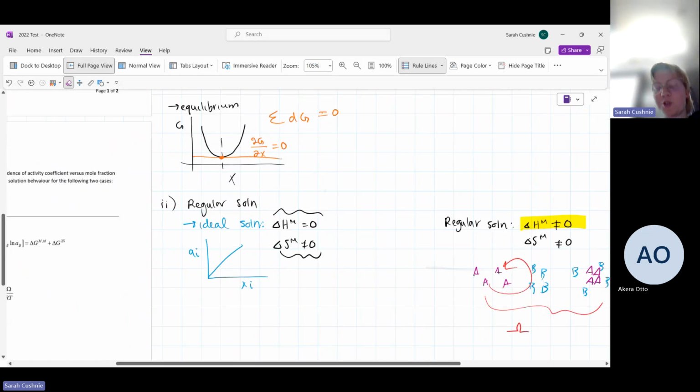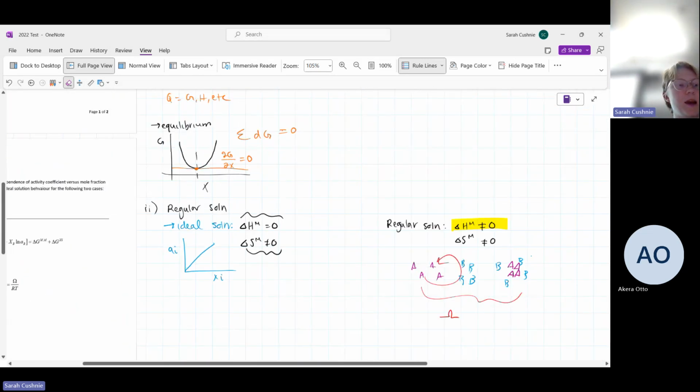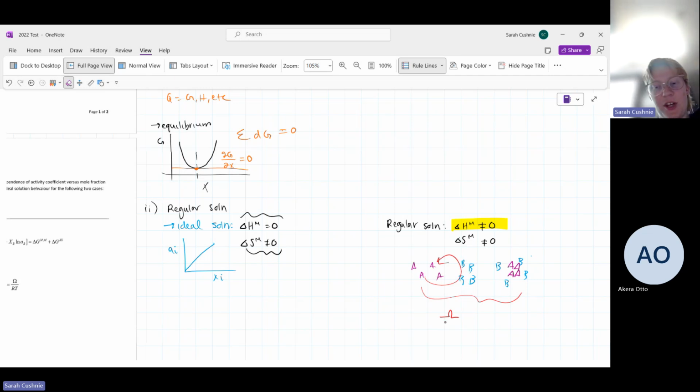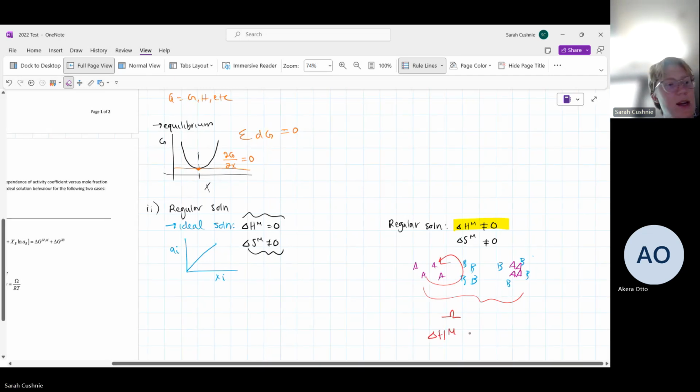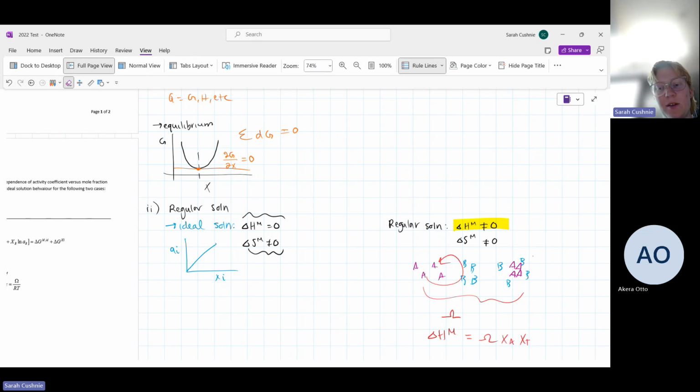So we can define the interaction parameter as omega. And essentially, this is defined using some funky equations that we're going to get into again in 2 questions. But what we can say is that delta H of mixing is going to be equal to this parameter times XA XB.